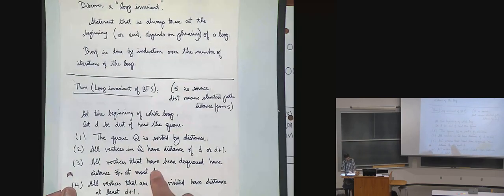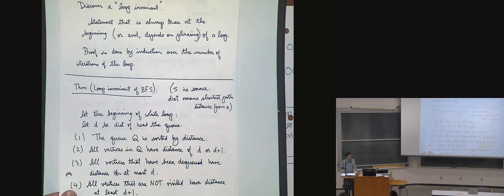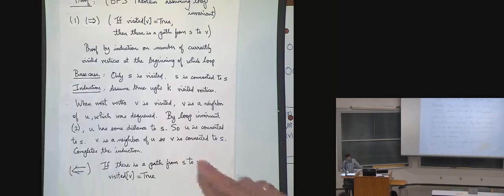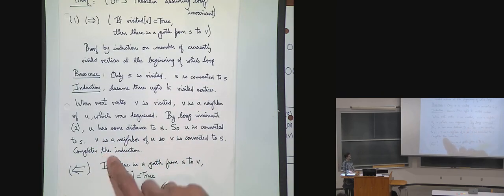It says that all vertices that have been DQ'd have a distance of at most D. So obviously anything that's been DQ'd is connected because it has some distance. And so U has some distance to S, U is connected to S, and if a vertex V is a neighbor of something connected, then it is also connected, and so this completes the induction. So you go from one step to the next. Does that sort of clarify how an induction goes?